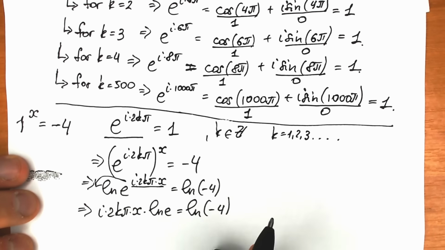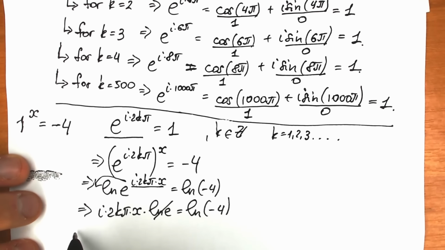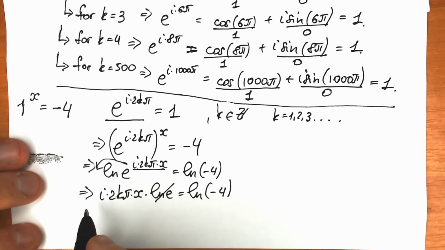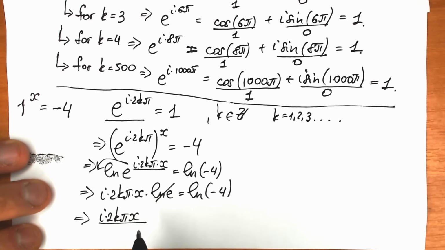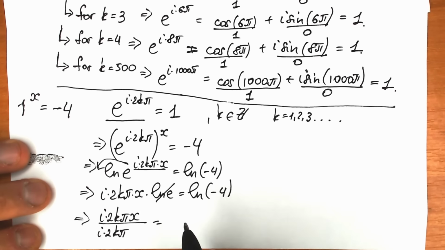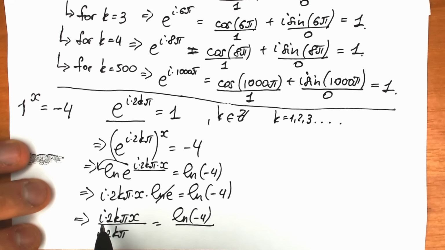We don't need all of these expressions, and obviously natural log e equals 1, so we can cancel this. We need to remove this expression from the left side. How can we do this? We can divide both sides by this expression. In the numerator we have i times 2k pi x, divided by i times 2k pi, equal to natural log of minus 4 divided by i times 2k pi, the same expression.